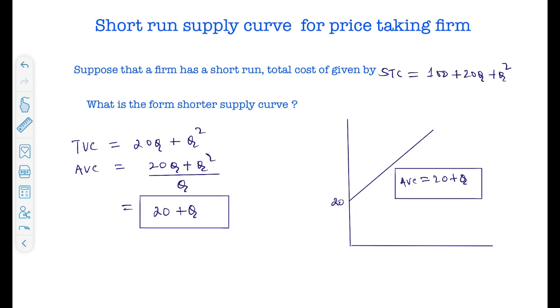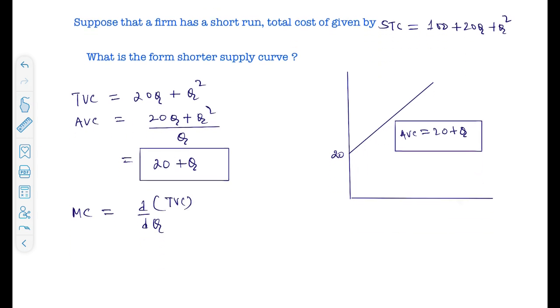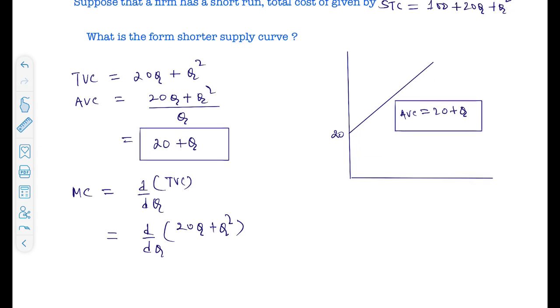Now we need to see how to calculate the supply curve. So here we need to calculate the marginal cost. Marginal cost is the total variable cost differentiated with respect to q. The total variable cost is 20q plus q square, and on differentiating it would be 20 plus 2q.